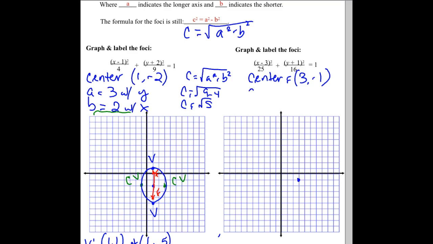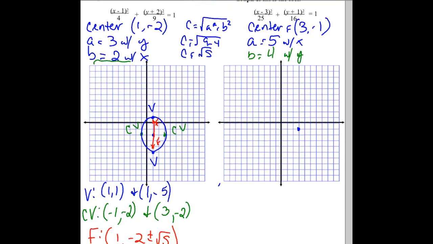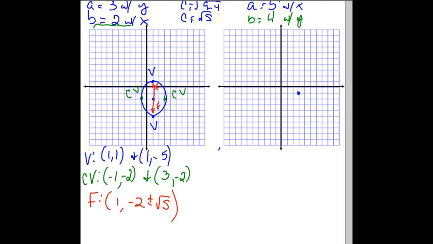And then let's find our A and B. What is my A value? Everybody, nice and loud. A is 5 and it's with X. B is 4 and it's with Y. Okay, so go ahead and get that part of your graph done. We're going to go 5 in the X direction, 4 in the Y direction.